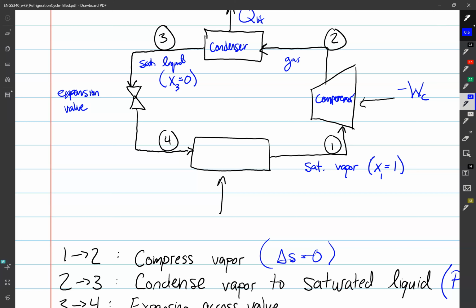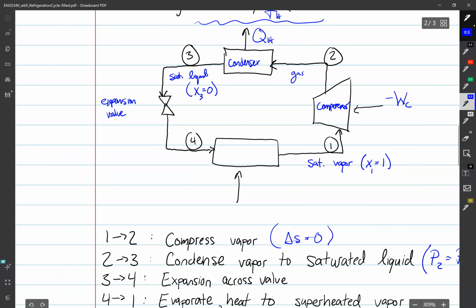If we think about what that would look like in a Rankine cycle, there would be a pump on this side, how we've typically been drawing it at least. So the opposite of a pump would be a turbine. So in a reverse Rankine cycle, we would have a turbine on this side.